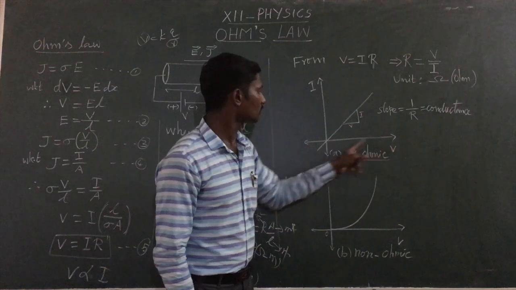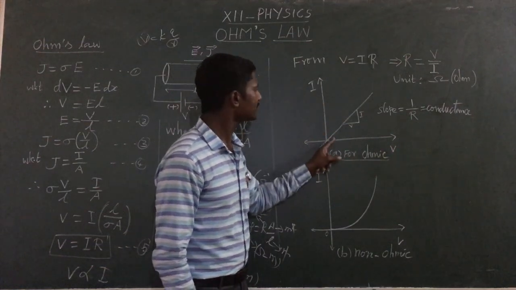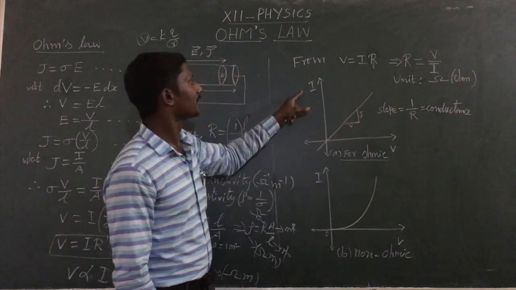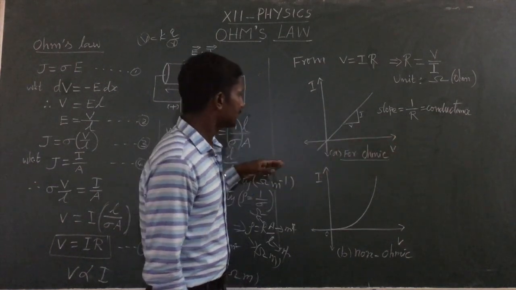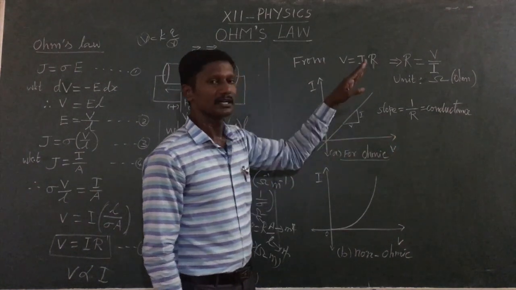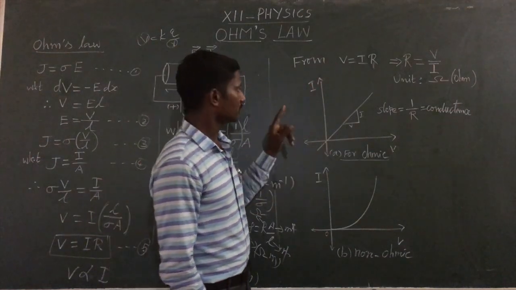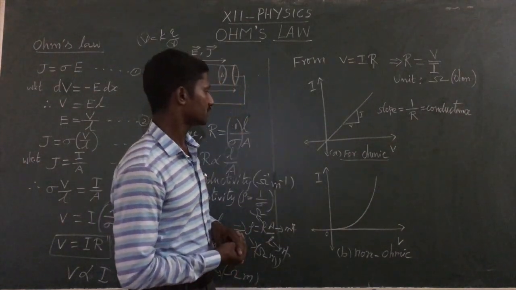For zero voltage, the current is also zero. As voltage increases, current also increases. So if the graph between current and voltage for a device is linear, a straight line passing through the origin, that device is known as an ohmic device.